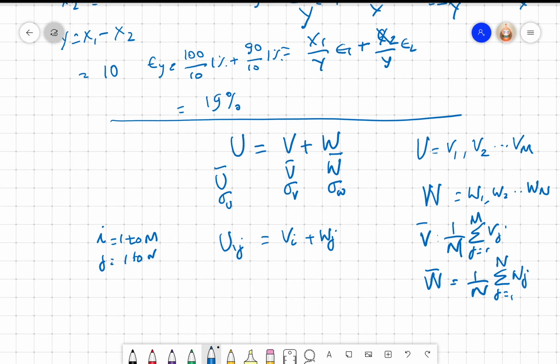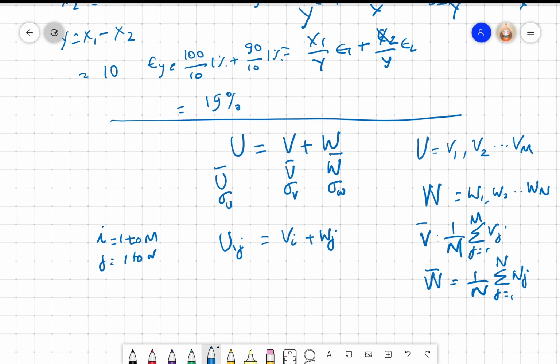For example, I can take V1, the first measurement, and add it with W1, W2, W3, W4, W5, W6 and up to Wn. Similarly, I can take V2 and add it with W1, W2, W3, up to Wn. So I will get totally N times M values.